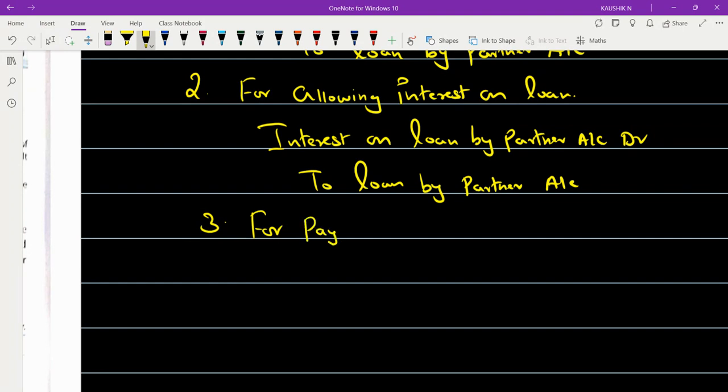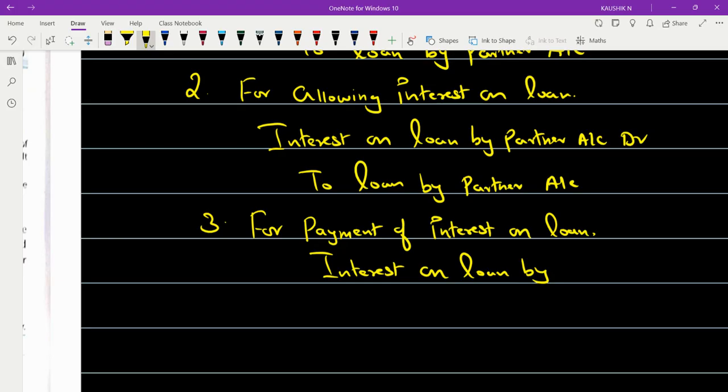For payment of interest on loan, the entry will be: interest on loan by partner account is debited to cash or bank account.